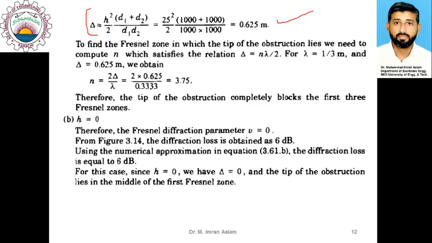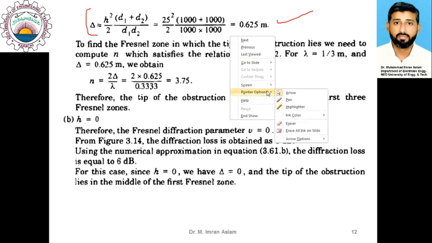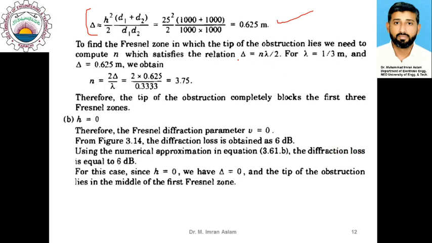This path difference is actually important in calculating how much of the Fresnel zone is obstructed by the obstruction. We know that this delta is n lambda by 2 for Fresnel zones. We can calculate this n here.